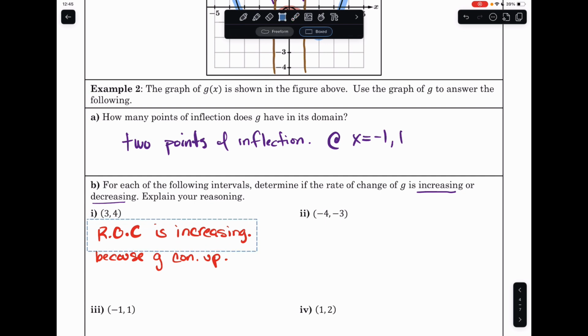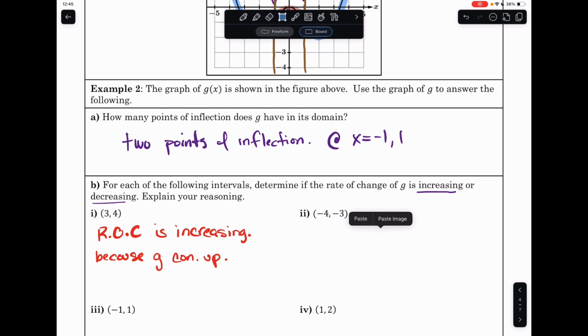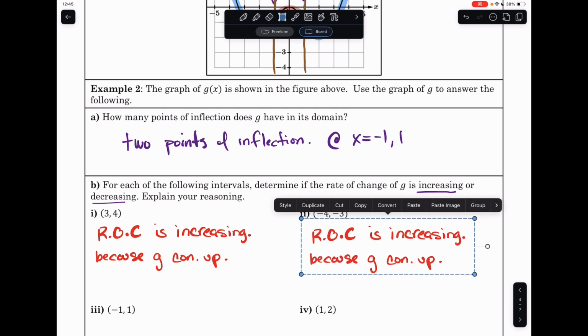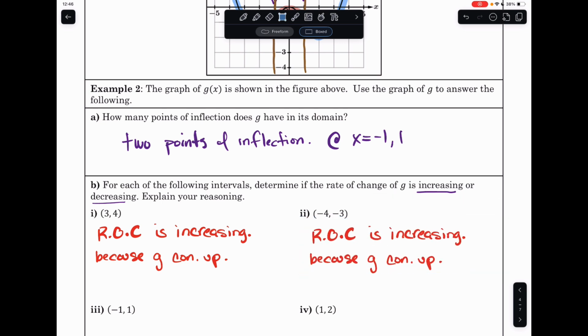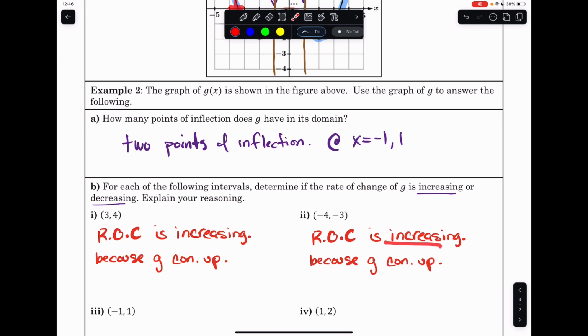So I'm just going to copy this and put it right there. So the rate of change between -3 to -4, which is in this area right here, the graph is concaving upwards, so our rate of change is increasing again because of that same reason.